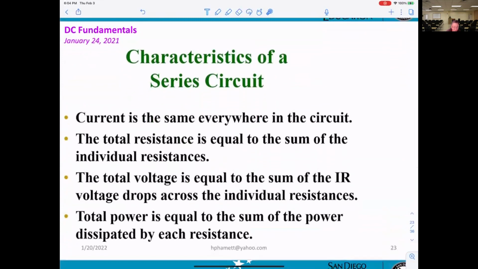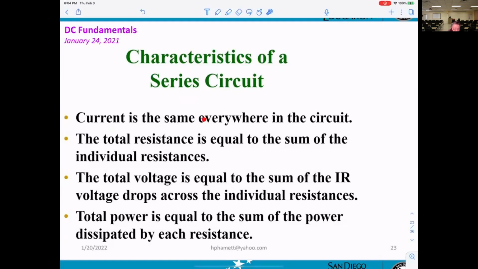Okay, now you get two different types of circuitry. One they call a series circuit, and another one is a parallel circuit. So make sure you're reading carefully.